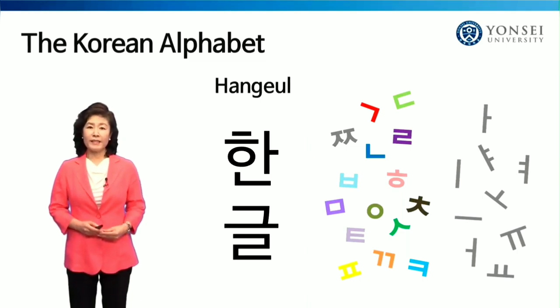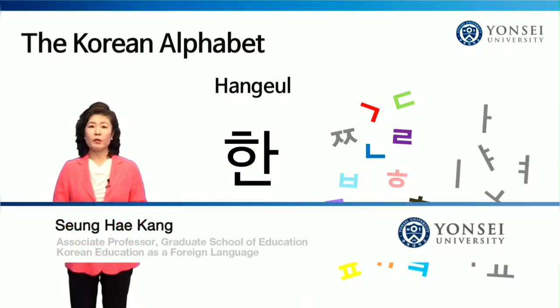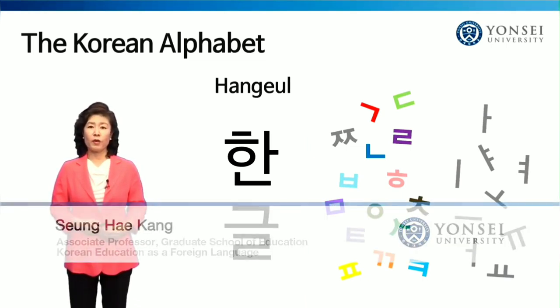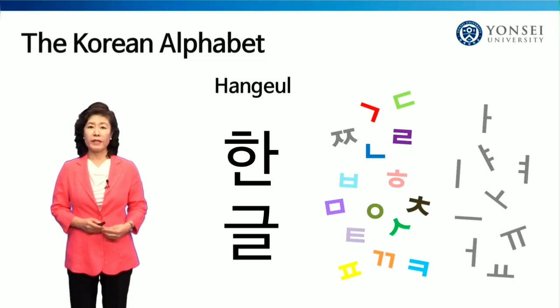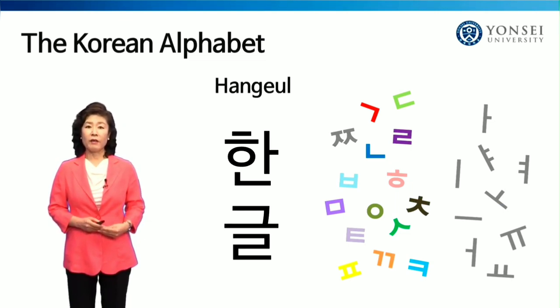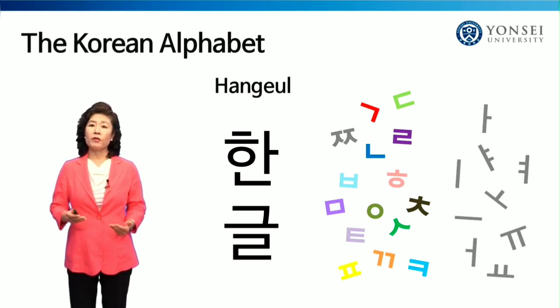Hello everyone! In this module, you will learn the Korean alphabet or Korean writing system called Hangeul. Now, I know some of you may already be able to read and write it, but for many of you, this will be your very first Korean reading lesson.